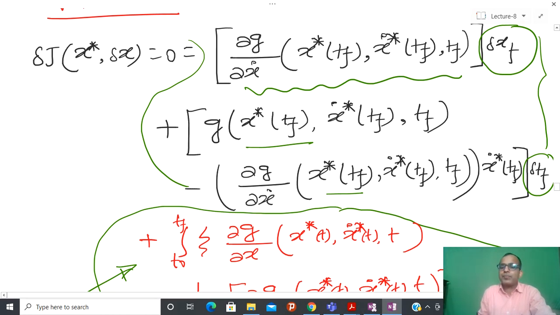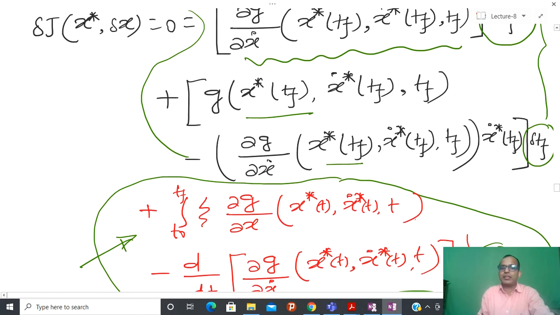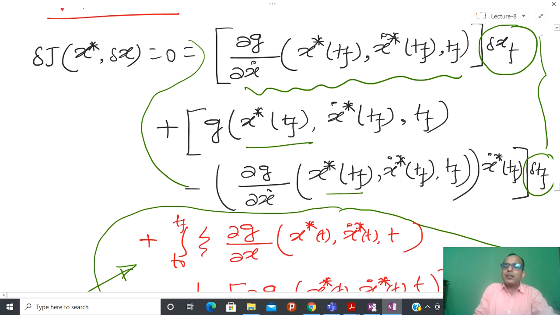Finally I have just the Euler-Lagrange equation. So in type 1 problem, the necessary condition for minimizing this functional is given by the Euler-Lagrange equation.